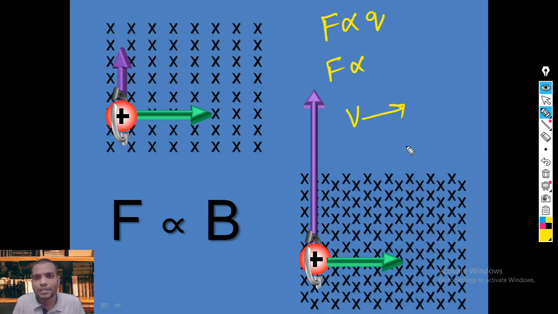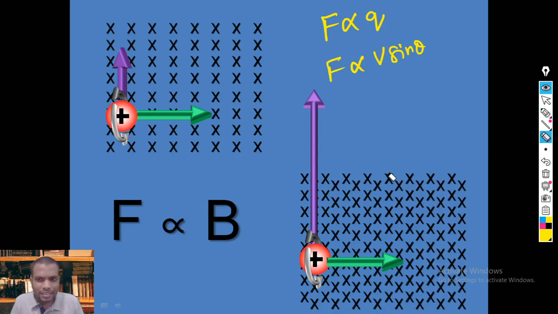This velocity vector is divided into two components, v cos theta and v sin theta. Now we say precisely that the force is directly proportional to v sin theta, the vertical component of the velocity. How do we know this?